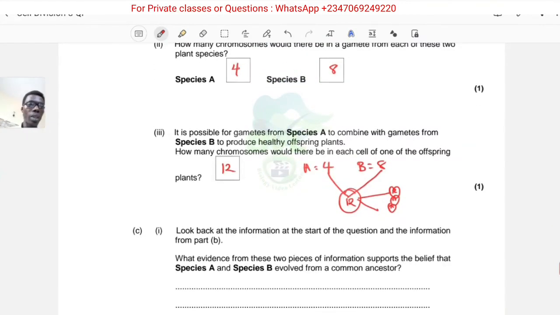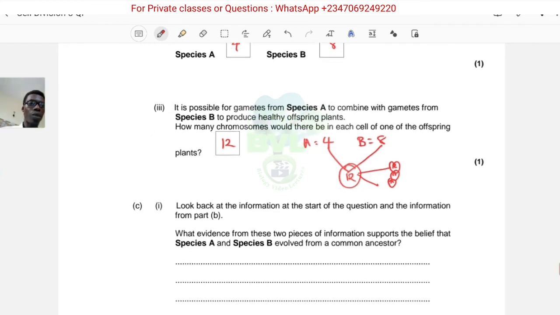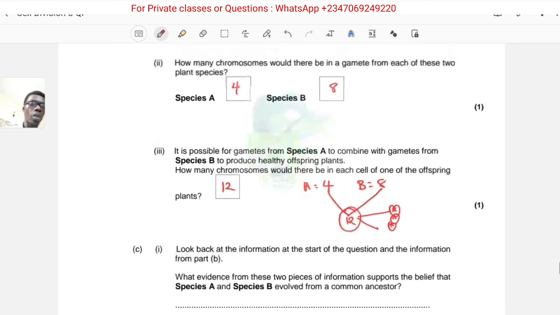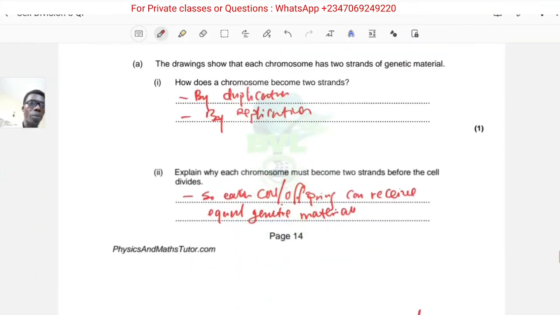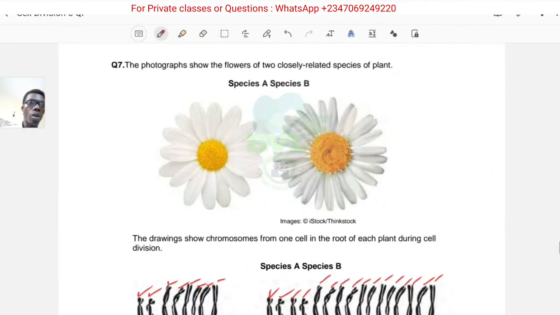Look back at the information at the start of the question and the information from part B. Okay, what evidence from this information supports the belief that species A and species B evolved from a common ancestor? Oh, okay.